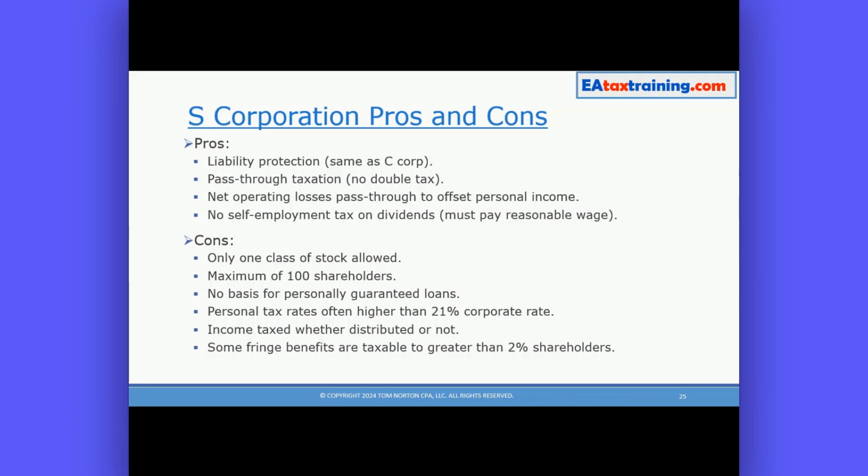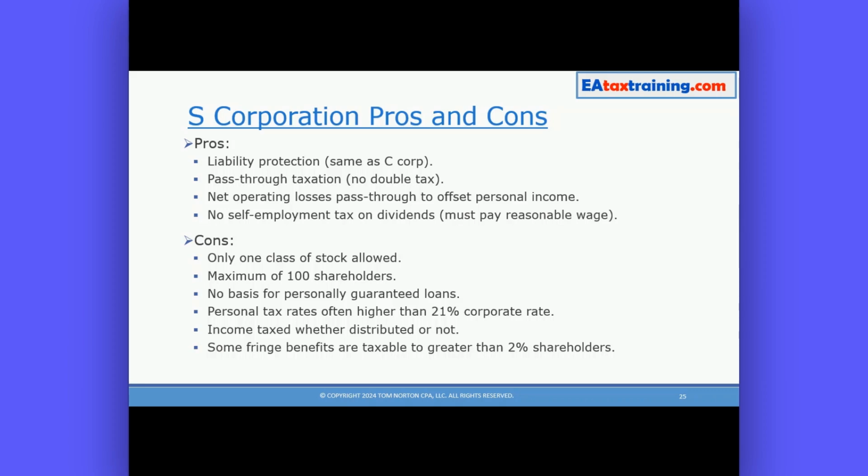And remember, from part one, we talked about all the different tax rates leading up to 37%. So it is possible that an individual owner could end up paying more income tax because it's passed through to them than they would have if they had just had a C corp and paid the 21% corporate tax rate.